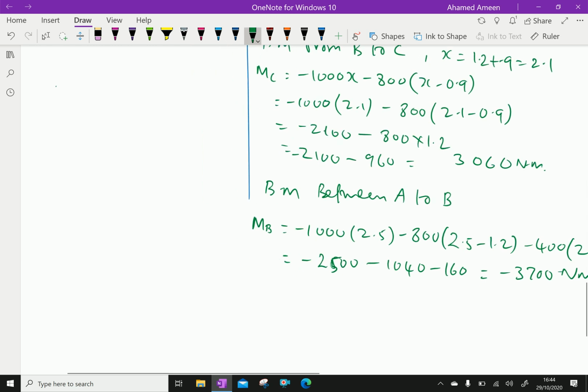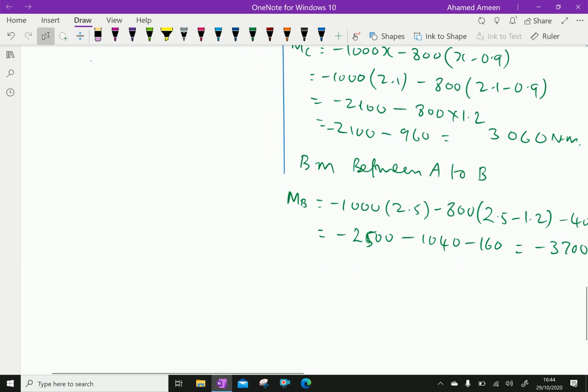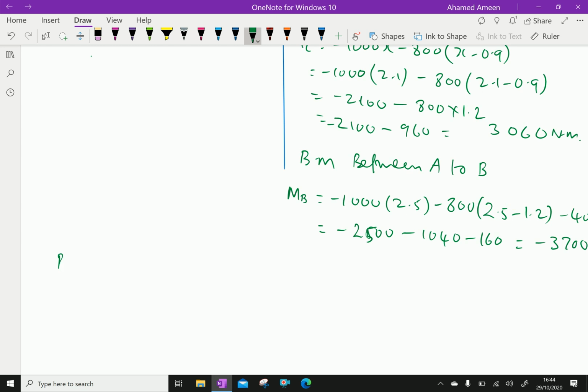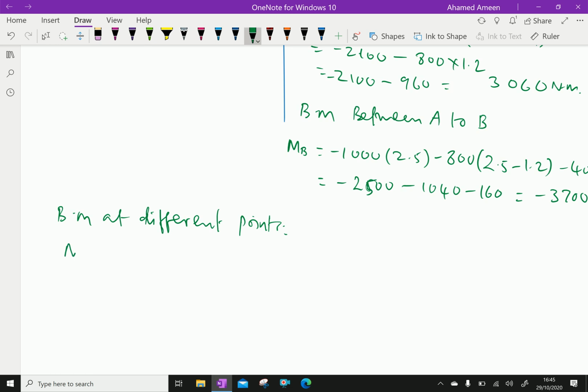Now let us write the BM at different points. The bending moment at D, MD, equals 0. Bending moment at C is minus 1200 Newton meter.